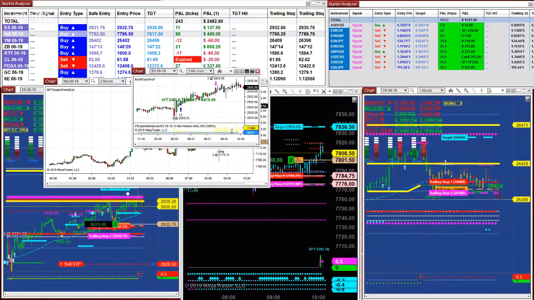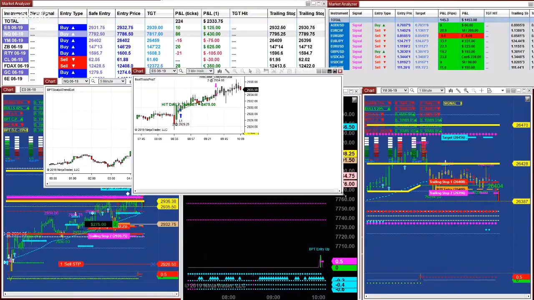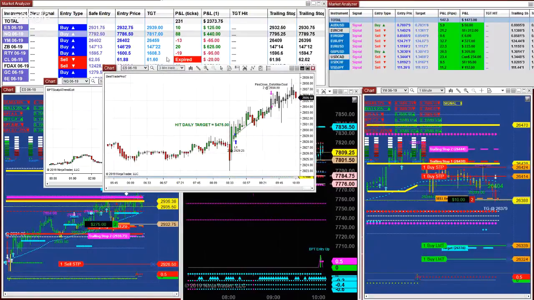This is our new auto trade, and it's been released to the traders, and we are using it. There is a short signal on the YM while we're talking. There is a short signal on the YM right now at 89 level, and the target is 337.